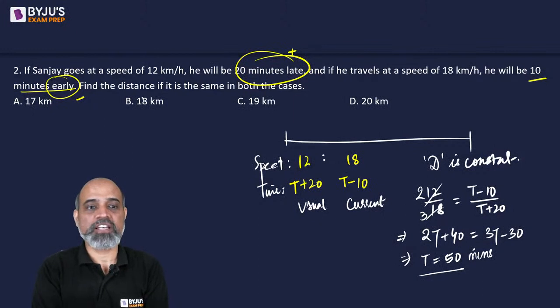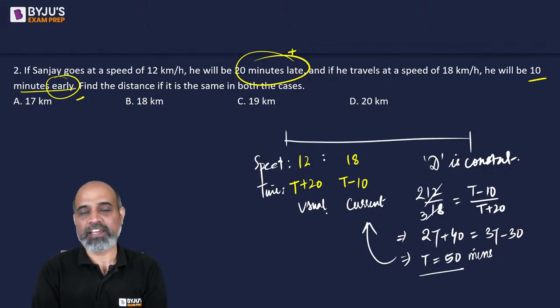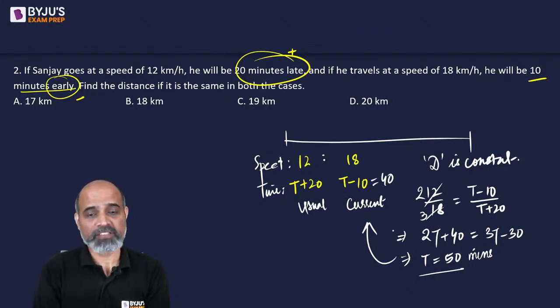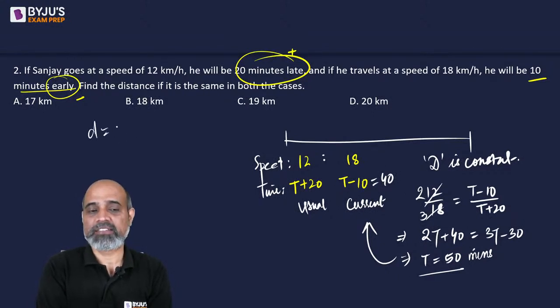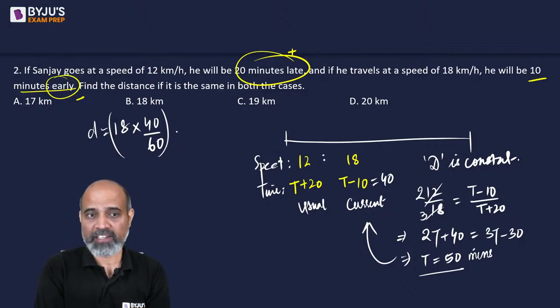Now the question is to find the distance if the time is the same in both the cases. So this 50 we are going to put either in current or in usual. Okay, put it in either one. I'll prefer the case of current. So if t is 50, t minus 10 will become 40 minutes. If somebody is covering a certain distance at a speed of 18 km per hour in 40 minutes, he's going to cover this many kilometers, right? 40 by 60 is for converting to hours.